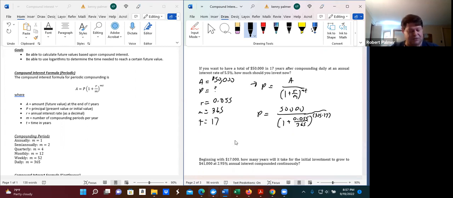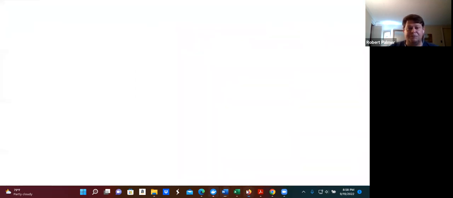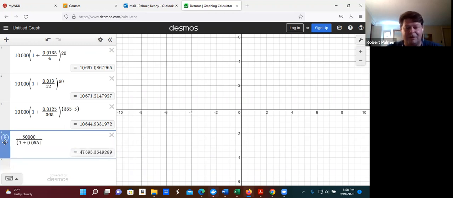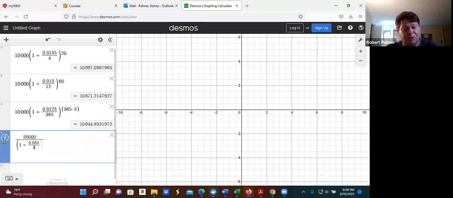First off, let me write this down for myself to make sure I get everything right. Now, let's go back to Desmos. I'll just leave all these up here. So we're going to have $50,000 divided by, use parentheses again, 1 plus interest rate 0.055 divided by 365.